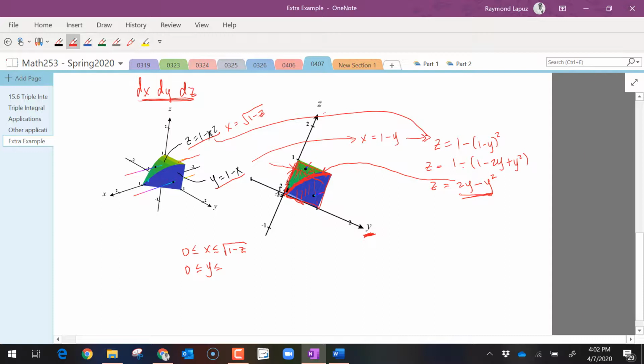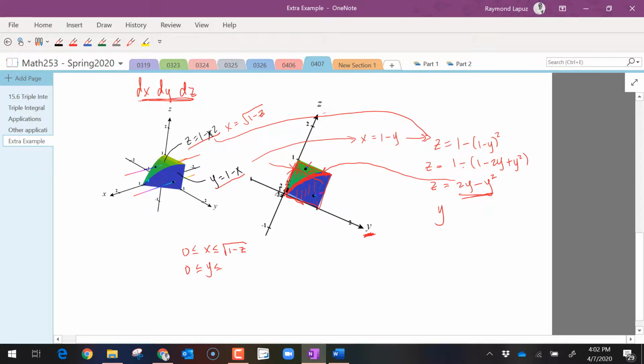So how are we going to solve for y? I don't know. Let's try factoring a y out. y minus 2 equals z. Oh, you know what we can do is complete the square.